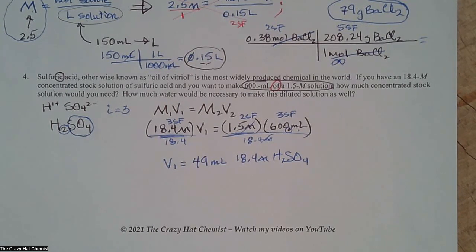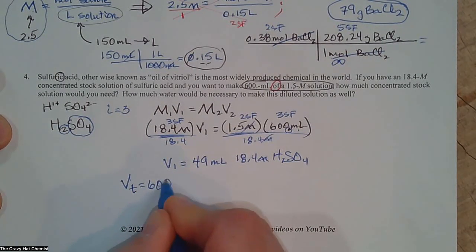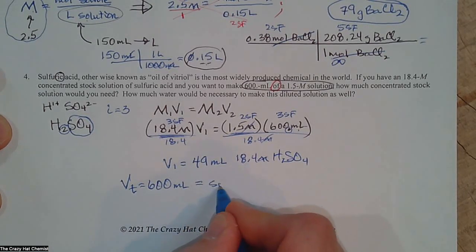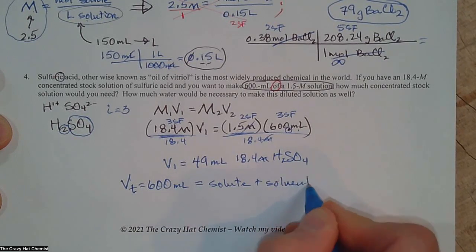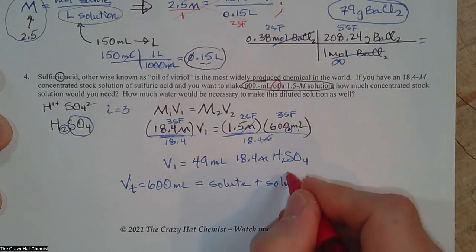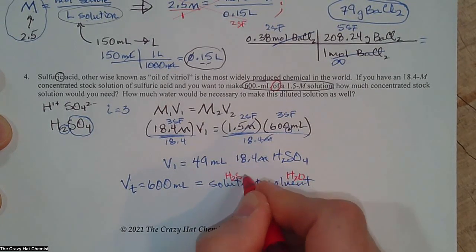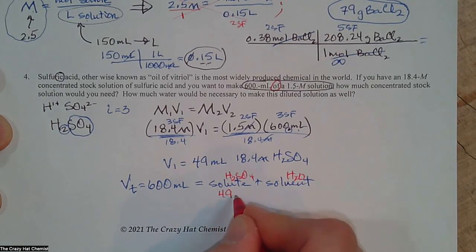Then the next question would be how much water would be necessary to make this diluted solution as well? So our total volume is equal to 600 mils. And then we have the solute plus the solvent. The solvent is going to be water. The solute is going to be the H2SO4. So really what we have is the solute at 49 milliliters.